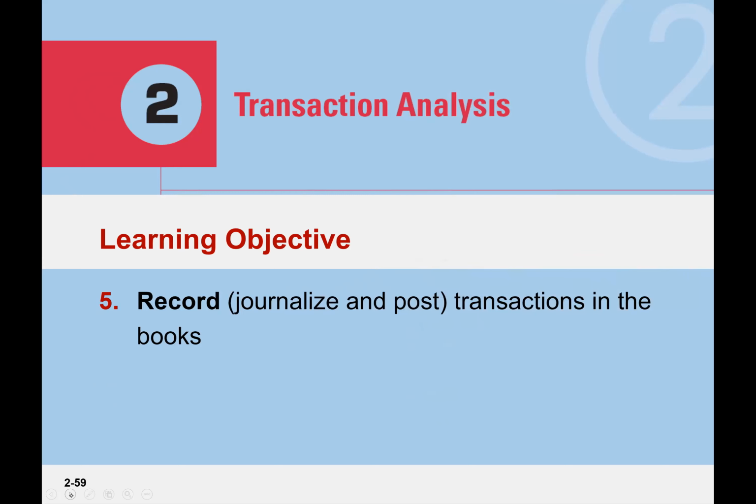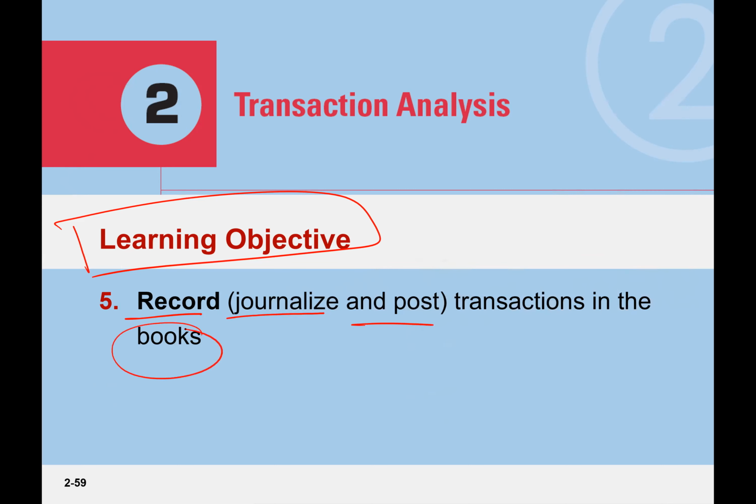And now our foremost awaited moment has come. We are now actually diving into our real principles of accounting or financial accounting stuff, which is to record. Record means to journalize and post transactions in the books, right?